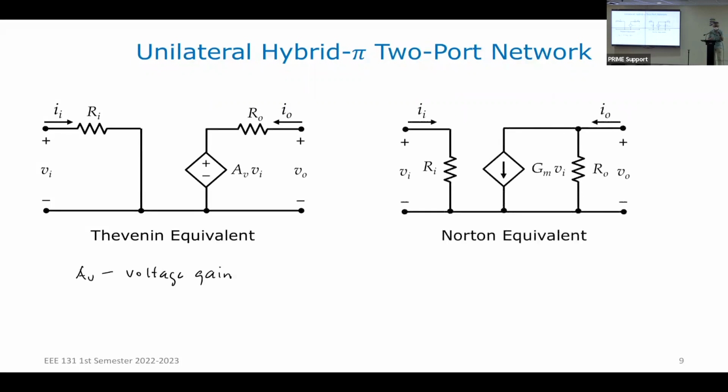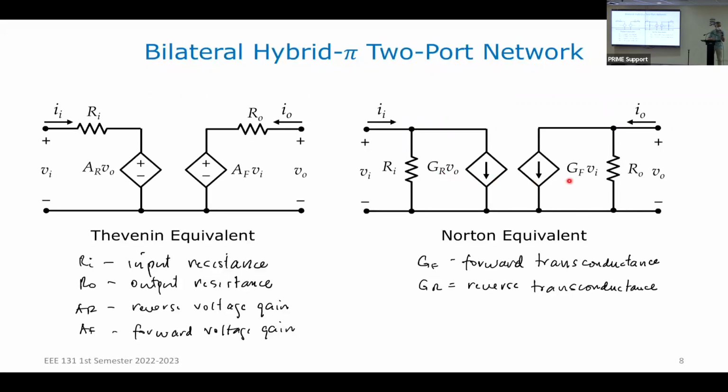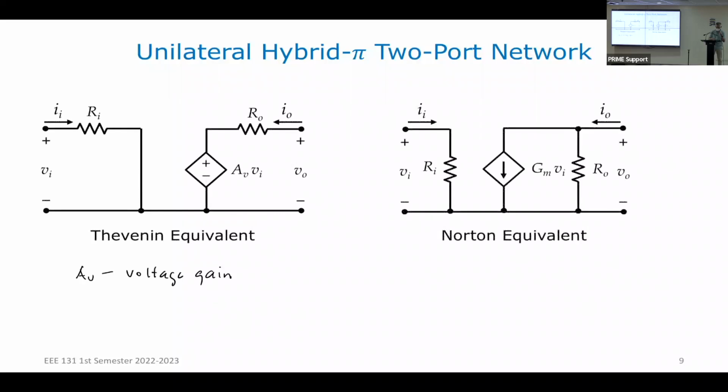This is the Norton equivalent. So here I used GR and GF. Dito ang gagamitin ko is GM, where GM is my, what do you call this? G? Anong tawag sa G? Transconductance.